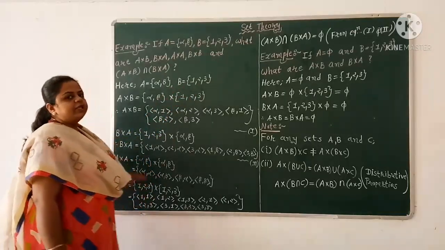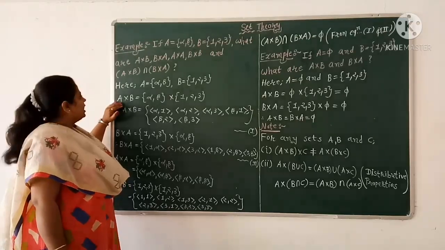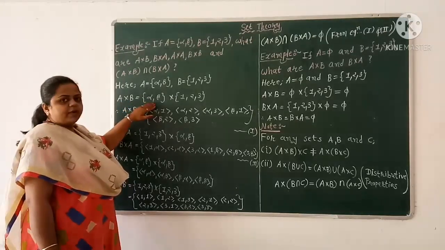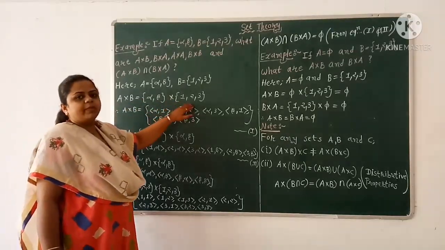Now we have to determine A cross B. A cross B is equal to {alpha, beta} cross {1, 2, 3}.